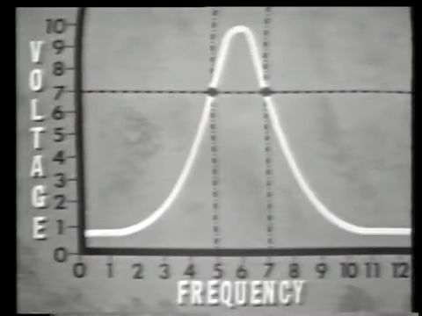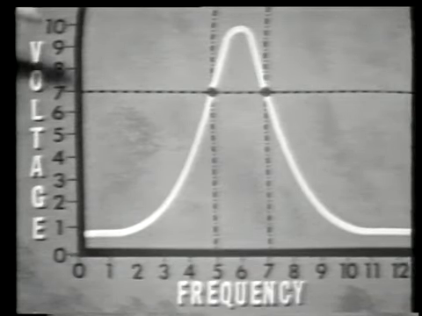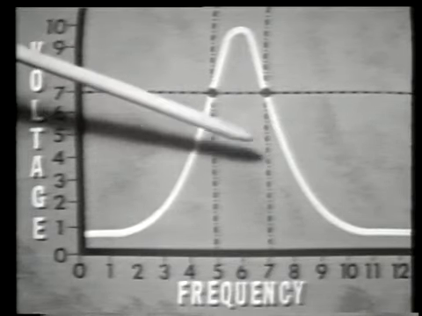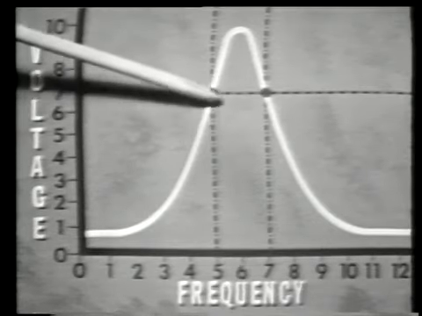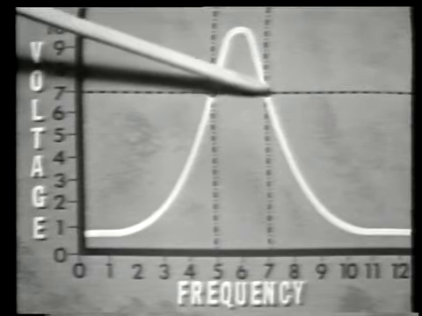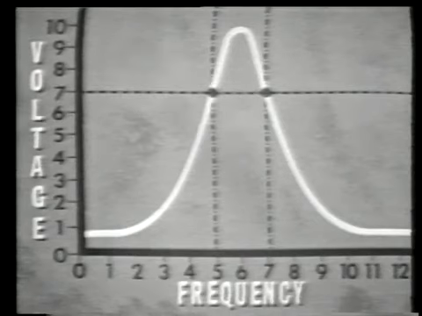Now, on a graph, you can see that at about 500 hertz, the output voltage is 7 volts. And again, at about 700 hertz, the output drops back to 7 volts. So in between these two frequencies, we have usable output from the filter between 500 and 700 hertz.